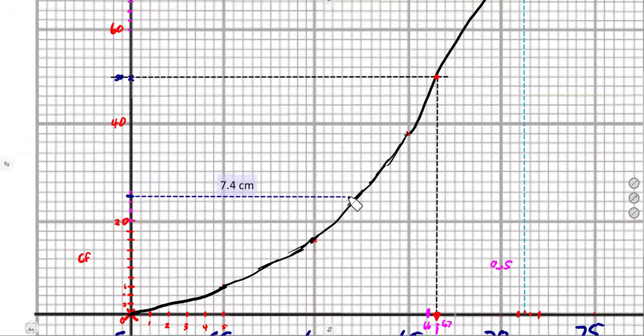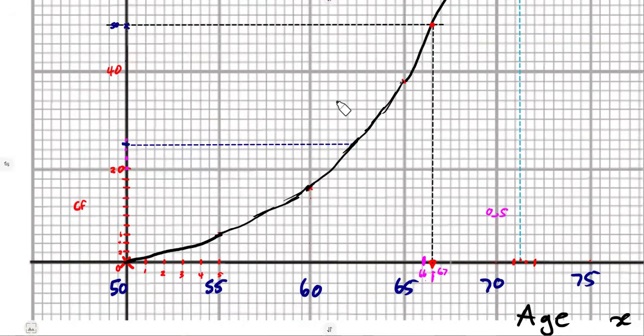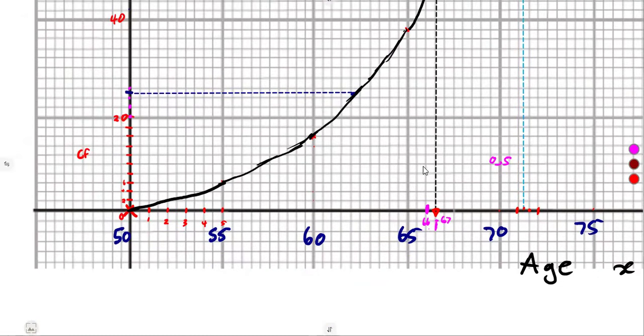So this point to the graph, then the corresponding value is the one that we are going to need. What was going to be the corresponding value? All right, so it was going to be approximately 1, 2, 3, somewhere there.